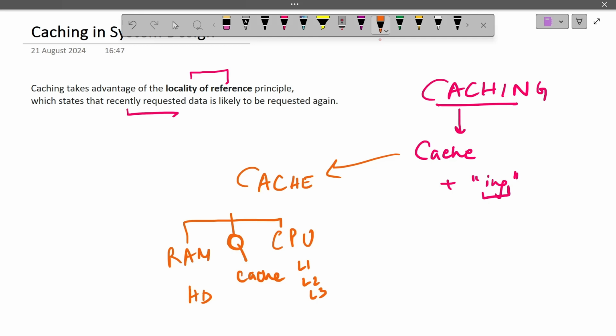Cache was faster than RAM, much faster than hard disk. So between RAM and CPU came in cache because it was faster, although it was smaller. Whenever the CPU needed access to any data which was critical, frequently accessed, it used to take it from the cache, and not from the RAM.